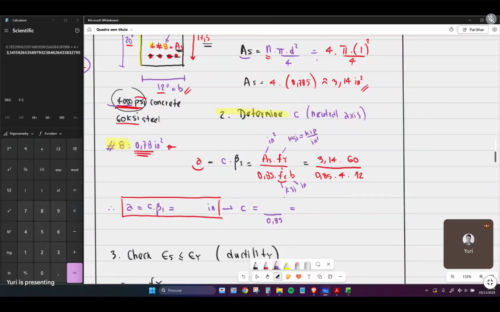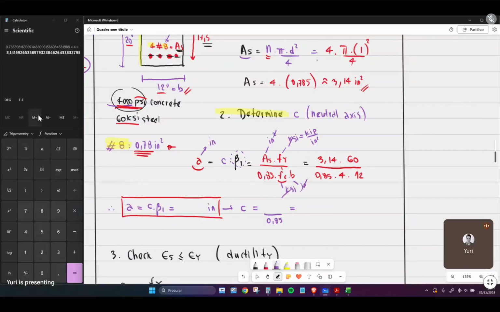All right. So ksi cancels with ksi, inch cancels with square inch. So c and a will have units of inches. Beta 1, guys, just remember this factor does not have units. So this value here is going to be in inches.